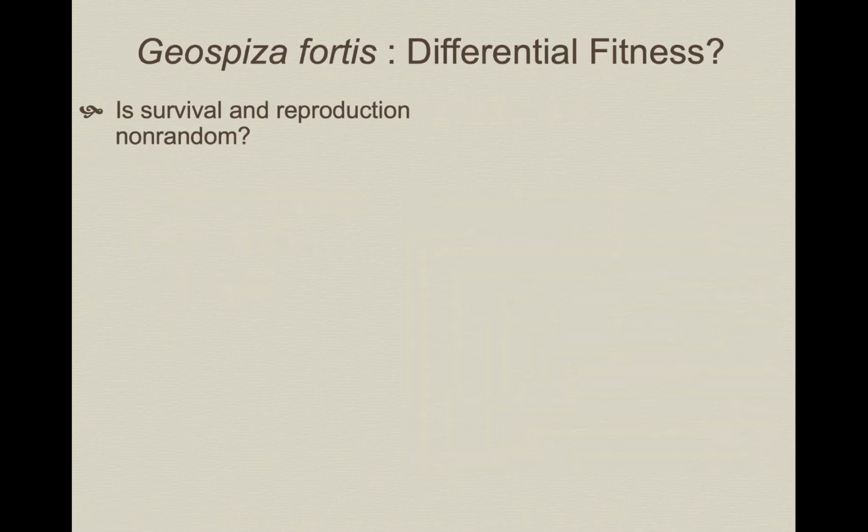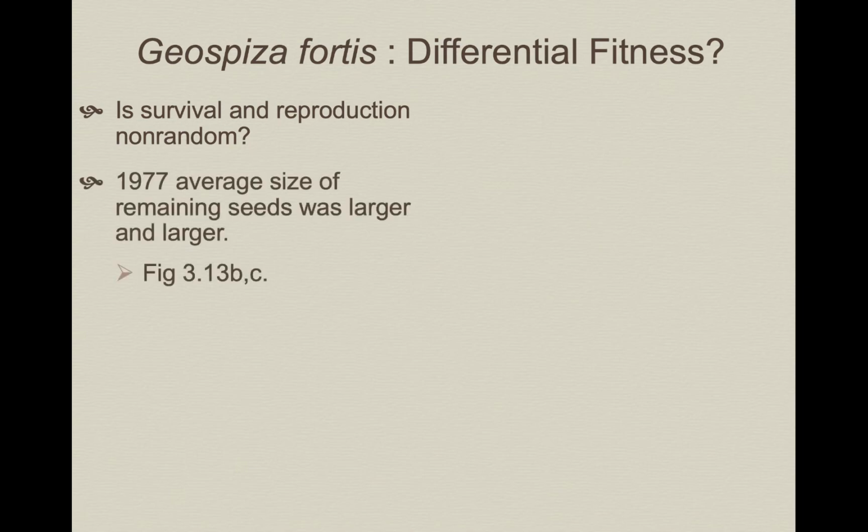So now the question is, is there a difference between those individuals that survived and lived to reproduce versus those that didn't? Well, it turns out that there was a natural selection filter in place that made it where some individuals were more likely to survive this drastic reduction in population size.